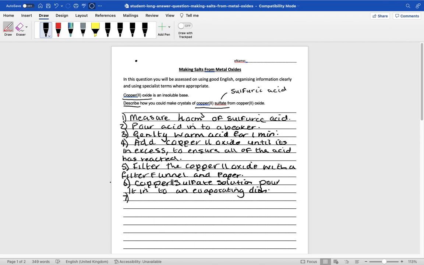So we're going to do it nice and gently, over a water bath. That will give us copper 2 sulphate crystals, which need to be dried.